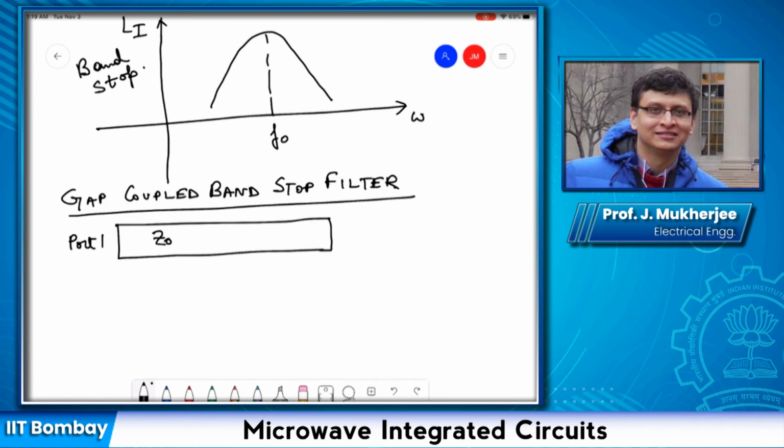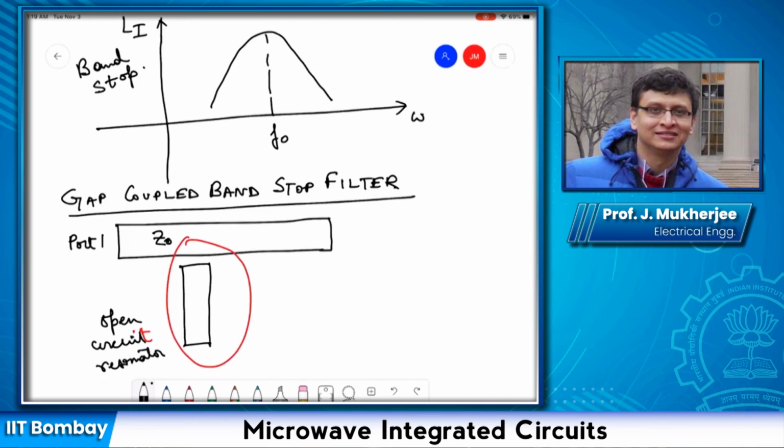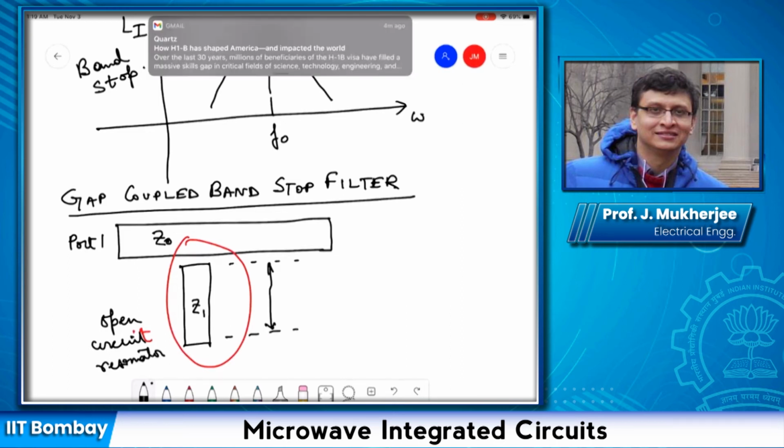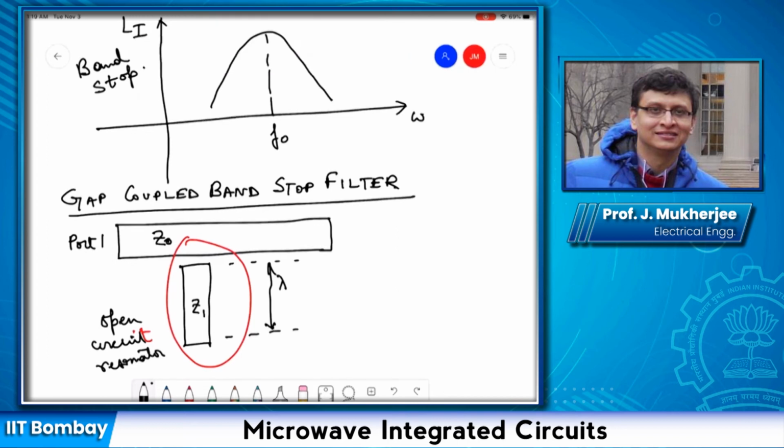This is a Z0 line, and say I add my gap coupled open circuit resonator. This part we had studied in the previous video. So this is an open circuit resonator, characteristic impedance Z1, lambda by 2, so that it can provide series resonance.